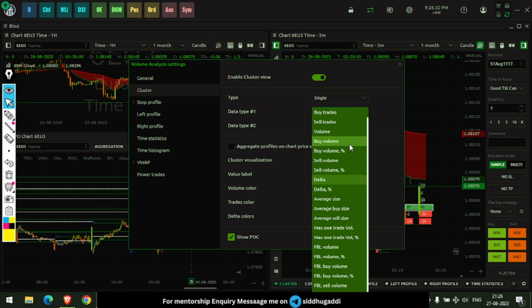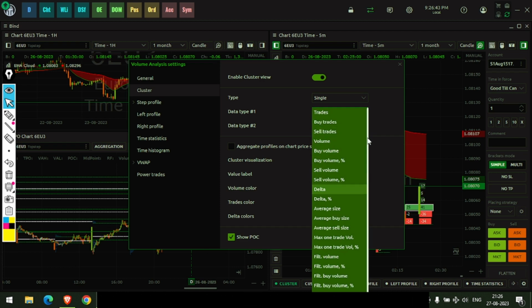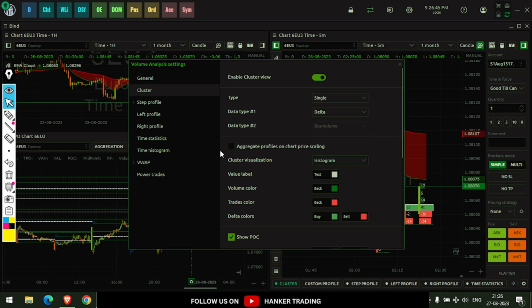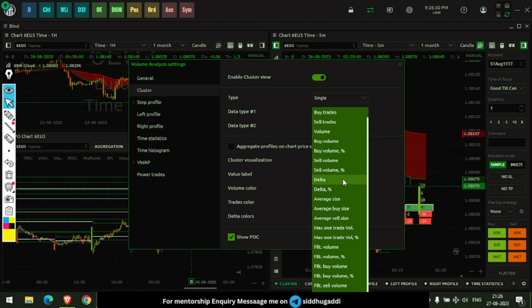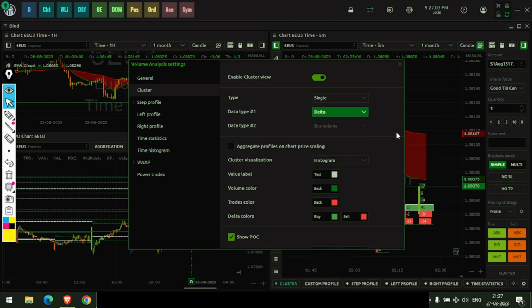If you're not understanding what these are, then you just need to do a small research on what your real study is and which kind of data you're looking into. That's really important here, right? So this is all about the cluster chart. The advantage is the total number of values available to fetch for analysis, which is the biggest thing I have seen, and very few platforms provide this kind of data on their platforms.